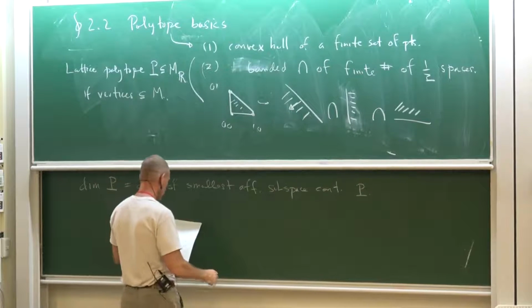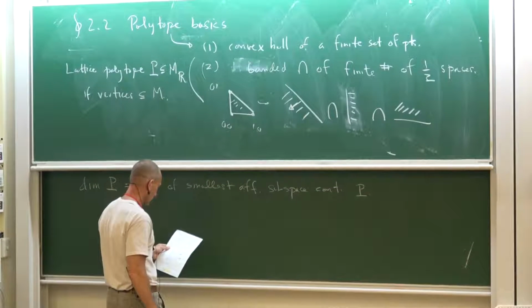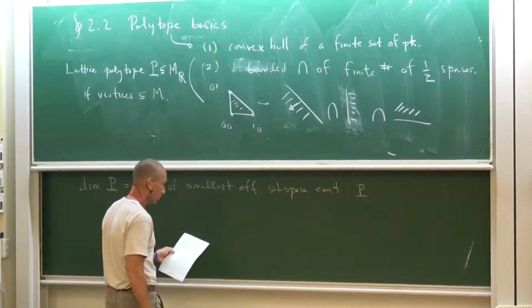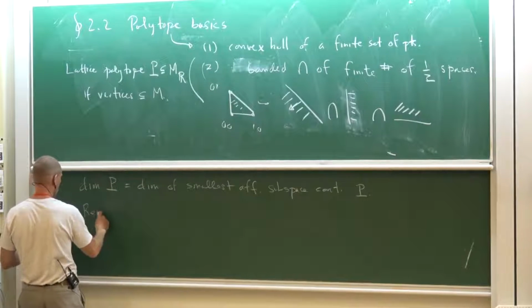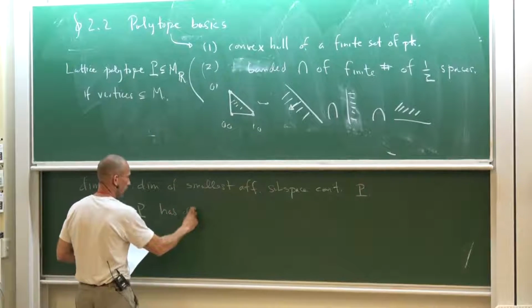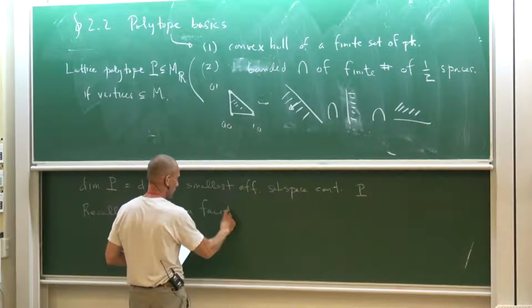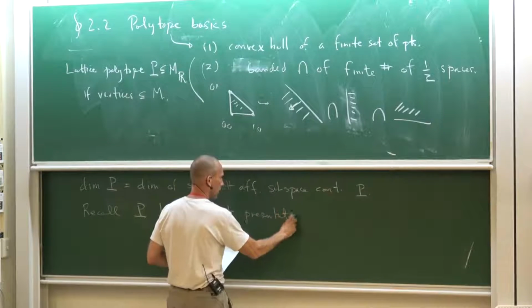And then, what do we want to do here? I wanted to say something about this. Recall that P has a facet presentation. Lattice polytope.